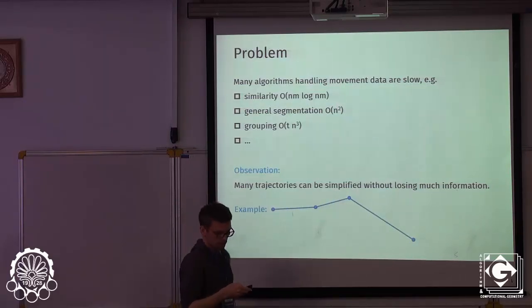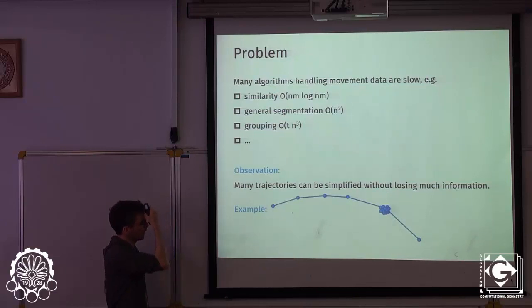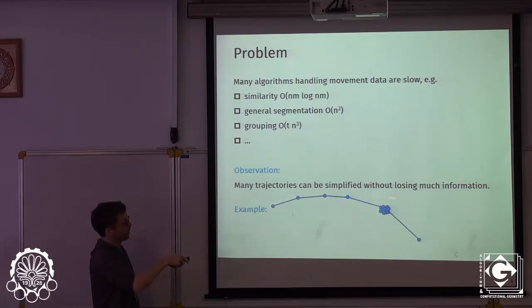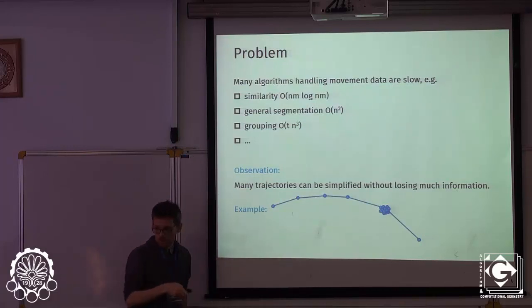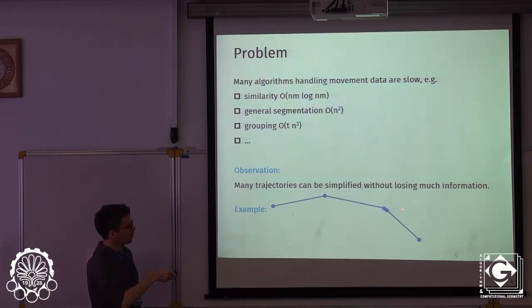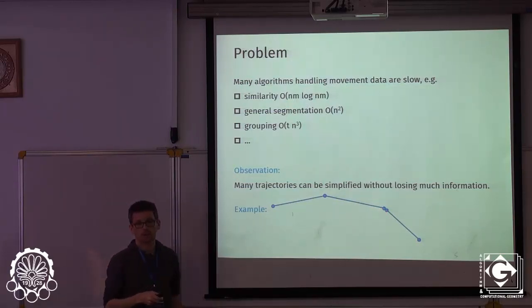Also, even if we want to take time into account, here's another example. If I have this trajectory, and it's important that I stayed here for a long time, then I can simply keep two of the points here, the first one and the last one, and then the temporal information is also maintained well.